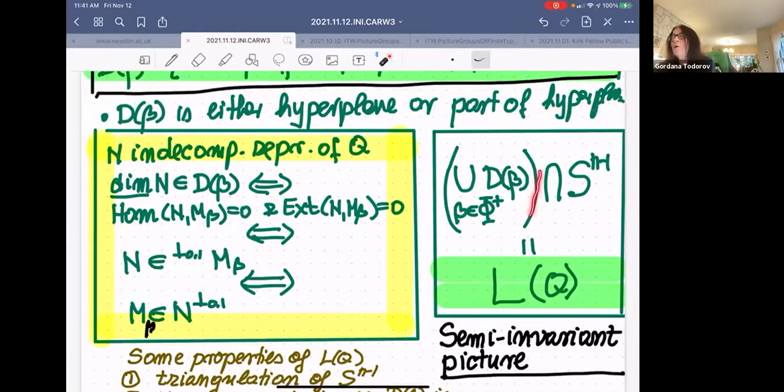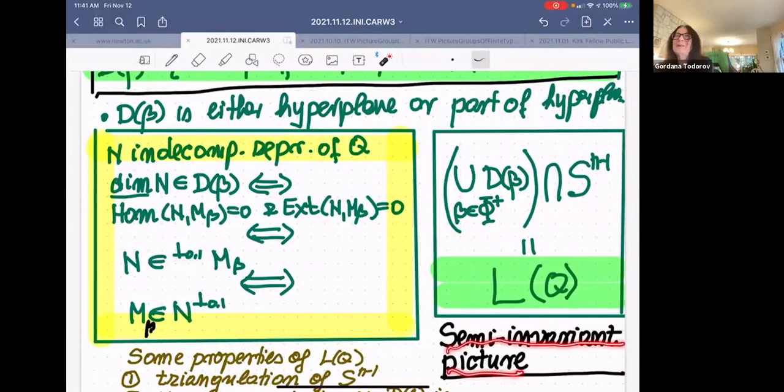Then we take all of these d betas, take the union of all of those, so it will be hyperplanes, and then we intersect with S^n for several reasons. One reason is because it's easier to draw things after that, and you can see it better. And we call it L Q, or we call it the semi-invariant picture.